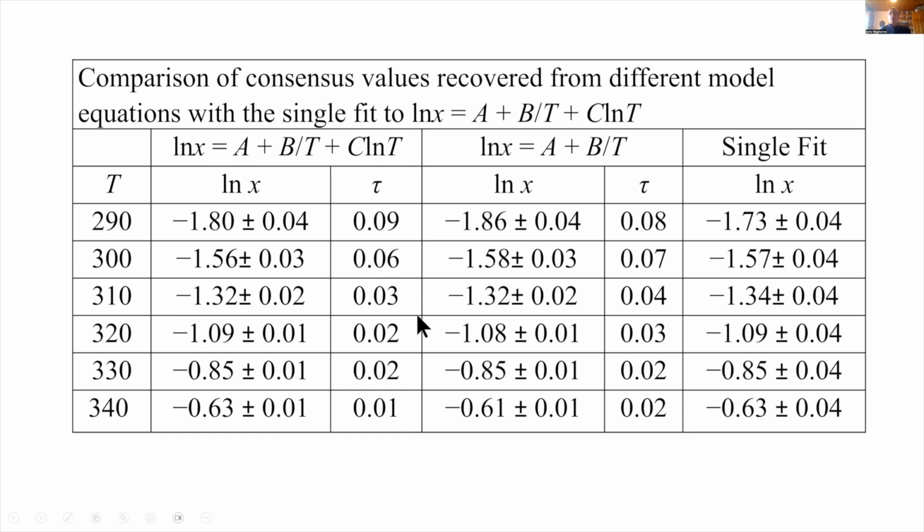What you find is exactly this. Most of the time, the difference between these two is not very large. Right at the start, I showed you a graph with just a simple A plus B upon T plus C ln T equation put through it. And I said, well, it gave me back a standard deviation of 0.04.